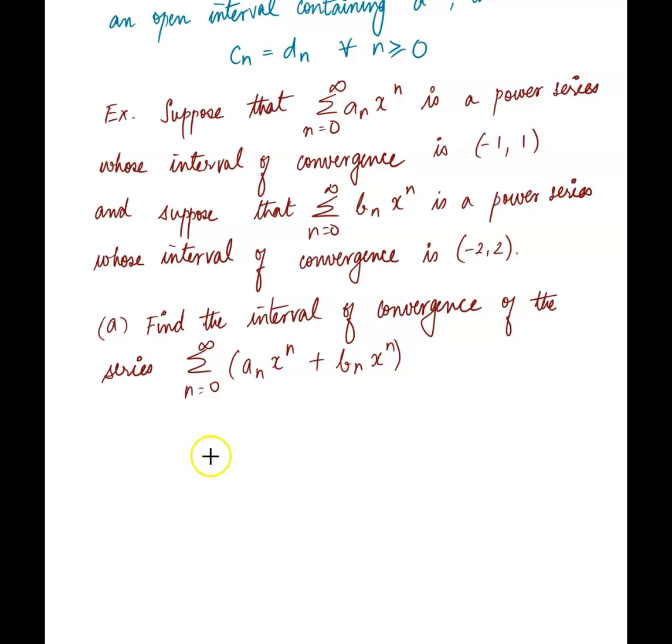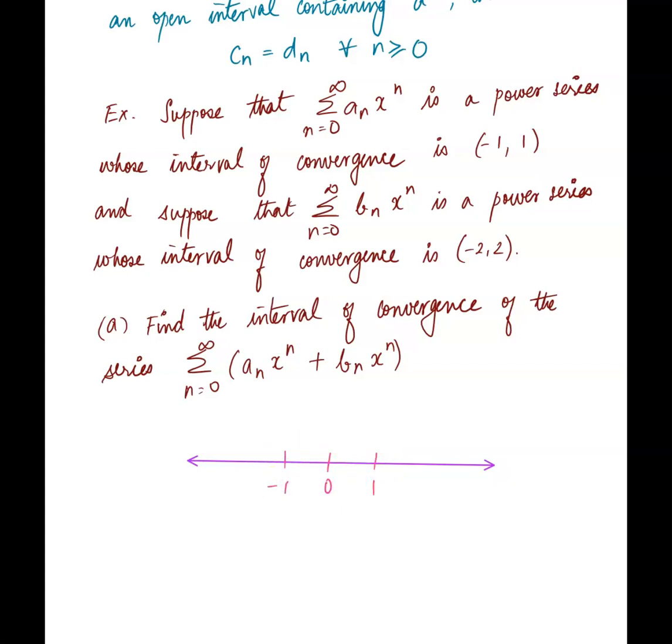Well, look at the interval for a_n x^n. Because it's x^n, it must be centered at 0. So it's -1 to 1.